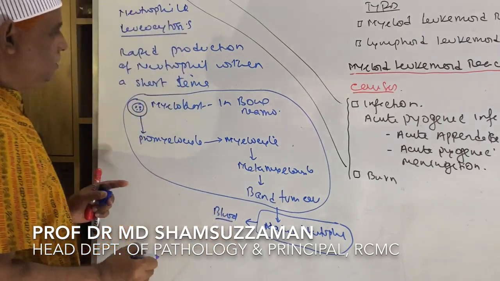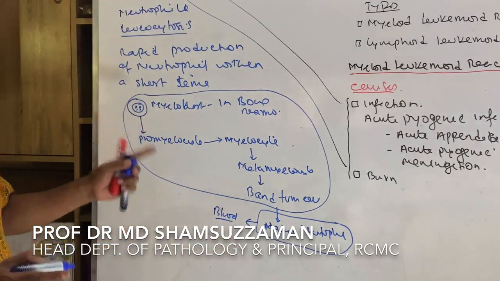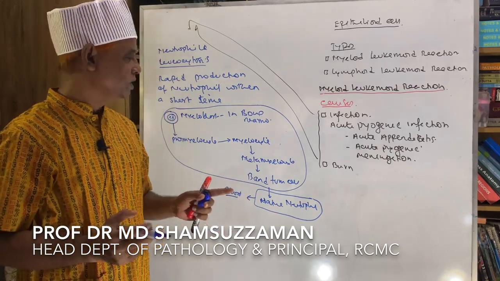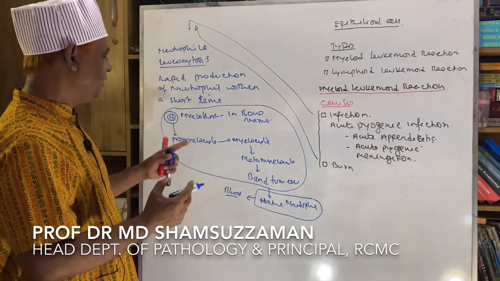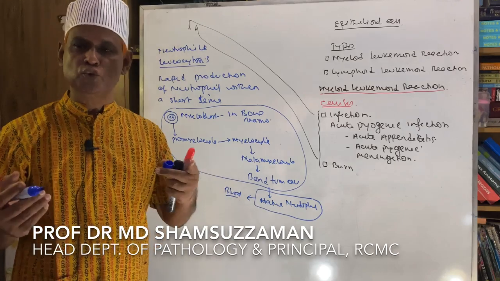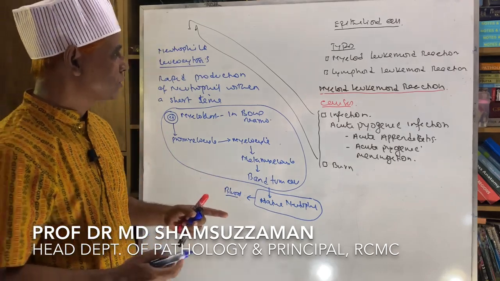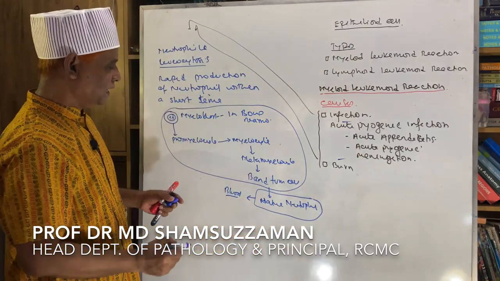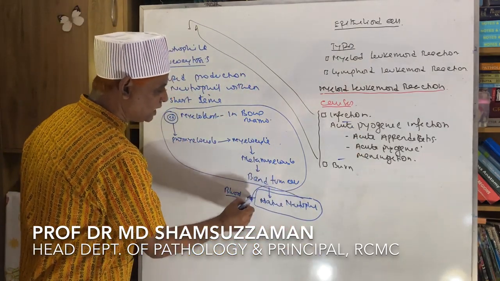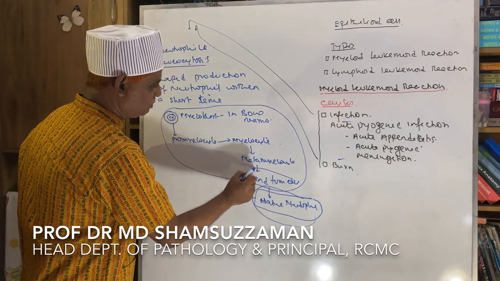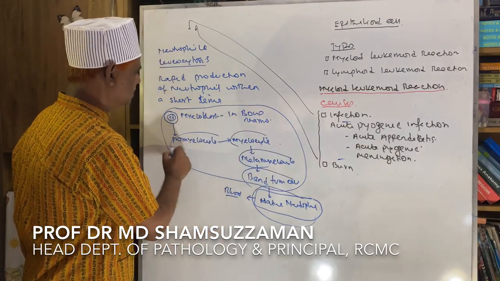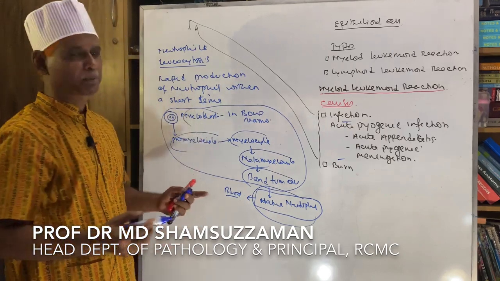neutrophil. If bone marrow is stimulated for overproduction of neutrophil within a short time, if a huge number of neutrophils are to be produced within a short time in acute infection or in burn, then along with the mature neutrophil, some immature cells like band form cell, metamyelocyte, myelocyte, promyelocyte, myeloblast may come in blood.